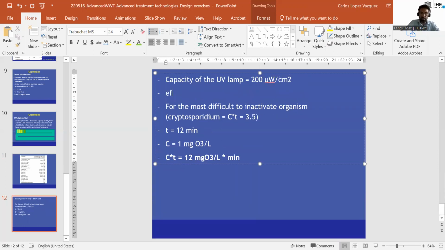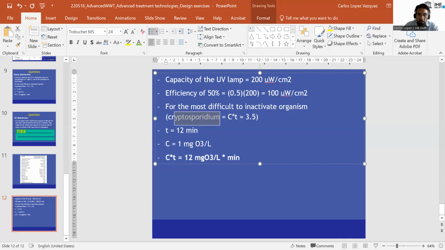It has an efficiency of 50%. That means that the net efficiency is 0.5 times 200. So the net efficiency is 100 microwatts per square centimeter.